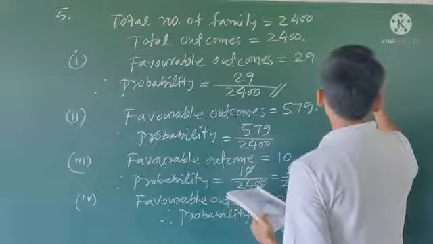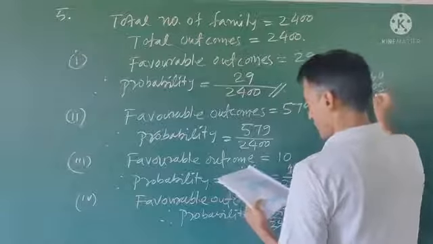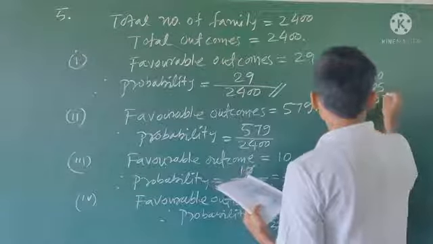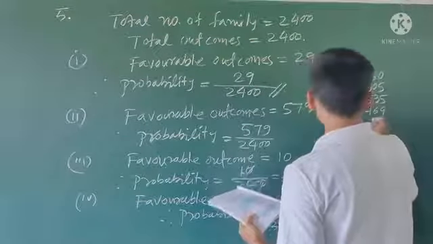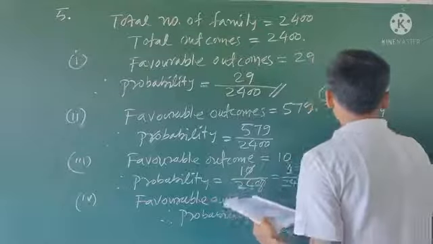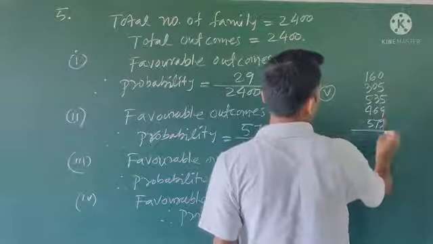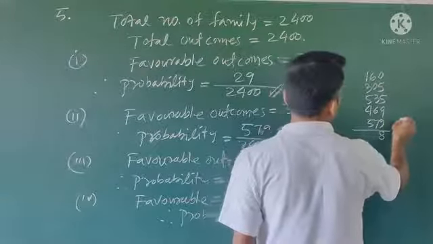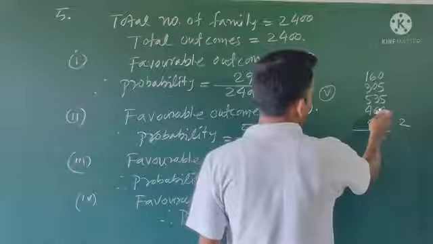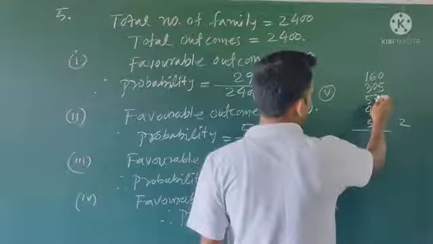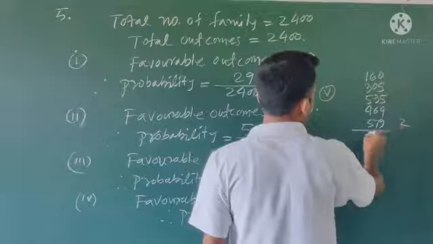First, those that have 1 vehicle, you add: 305, 535, then 469, then 579. 9 plus 9 is 18, 18 plus 5 is 23, 23 plus 5 is 28, 2 in hand. 7 plus 6 is 13, 13 plus 3 is 16, 16 plus 6 is 22, 22 plus 2 is 24.